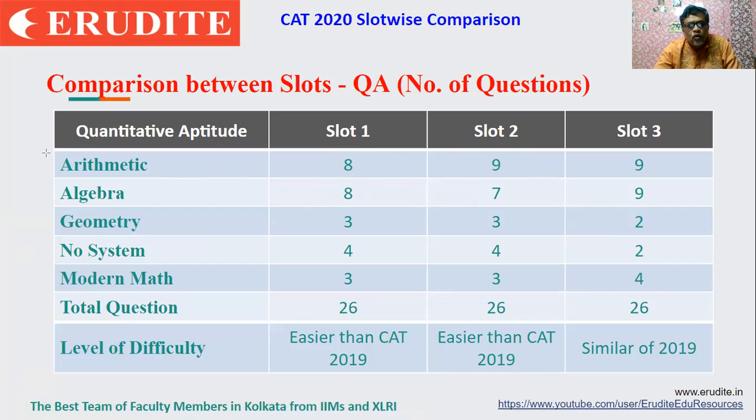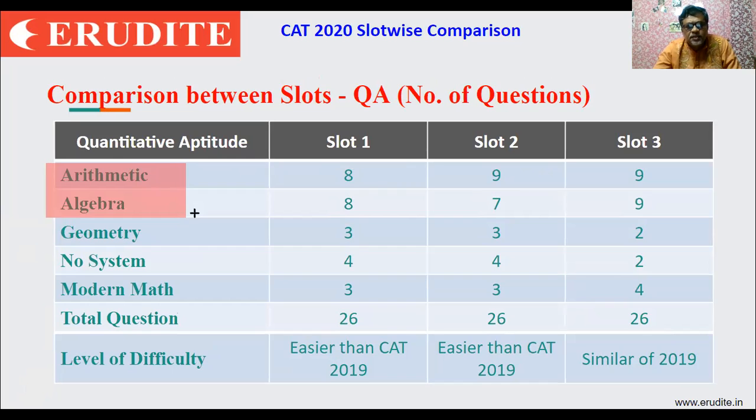So in all three slots, arithmetic and algebra had a high priority level. Geometry is not as important for students. The number of questions compared to other years is getting less, and its importance level is not that high in this case. Number system, or sometimes higher math, more or less remains the same.